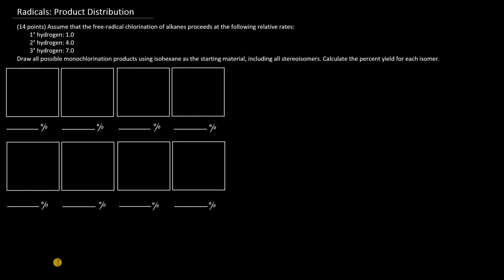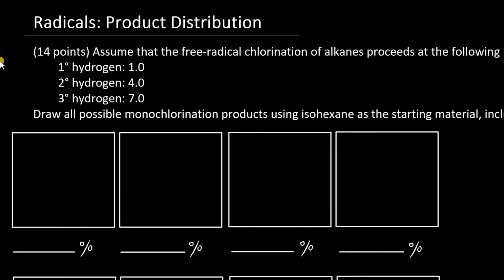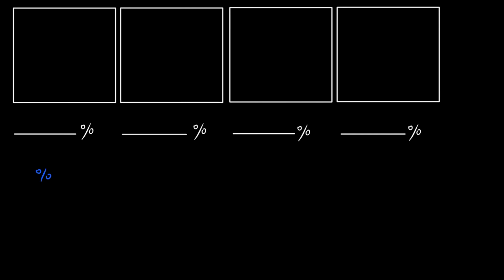So let's derive the formula. The percent yield of any particular product X is equal to the relative amount of that product divided by the sum of all relative amounts for all products multiplied by 100%.